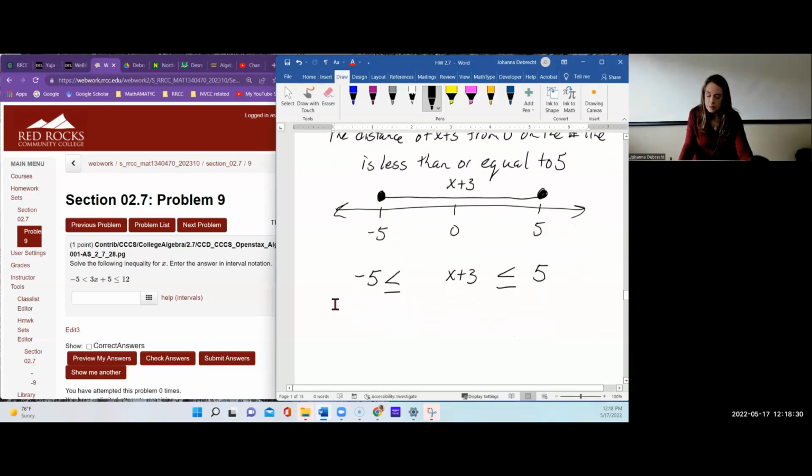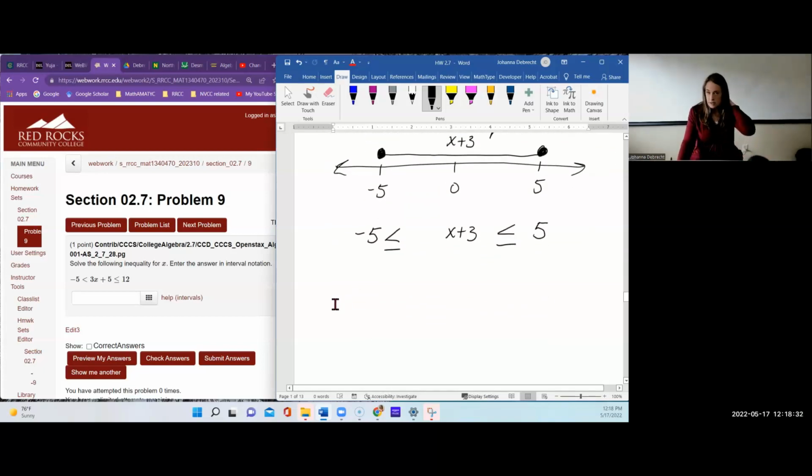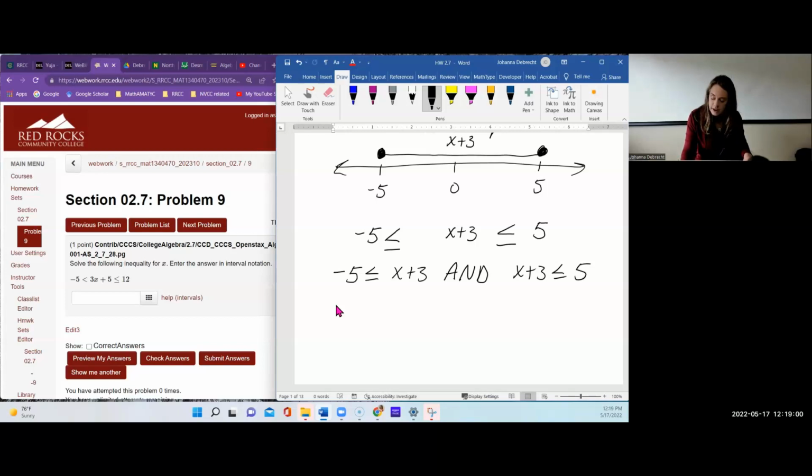This becomes a 3-part inequality, which I can solve by isolating the variable term in the center. Now, this only works if the variable term is in the center. If the variable term is in the center, I can solve it in the 3 parts. What it really means is I've got an and equation. This is -5 is less than equal to x plus 3, and not or, x plus 3 is less than equal to 5.